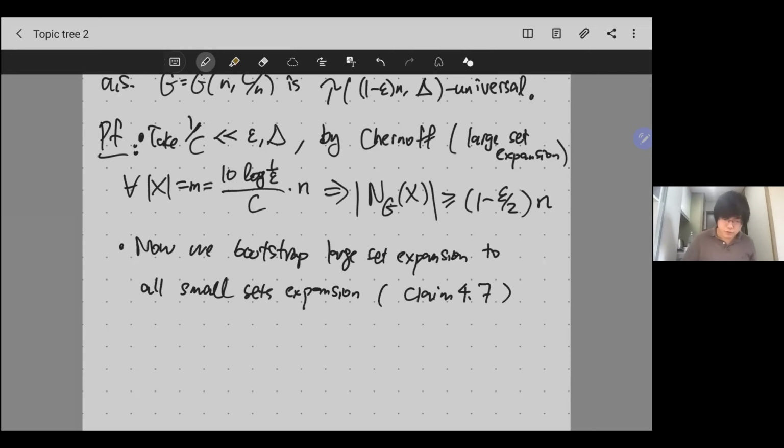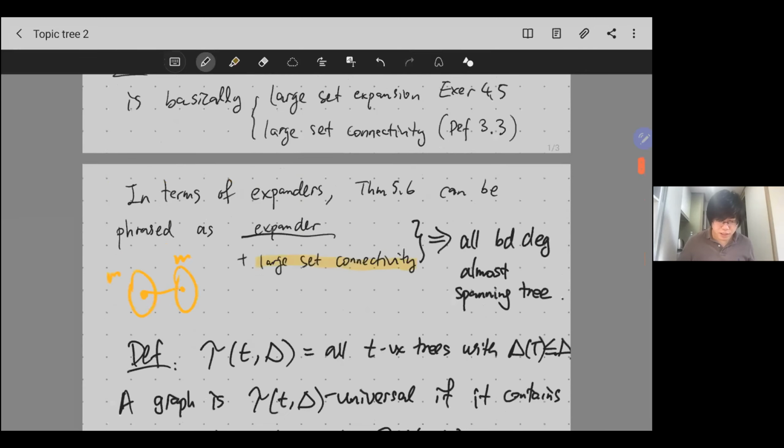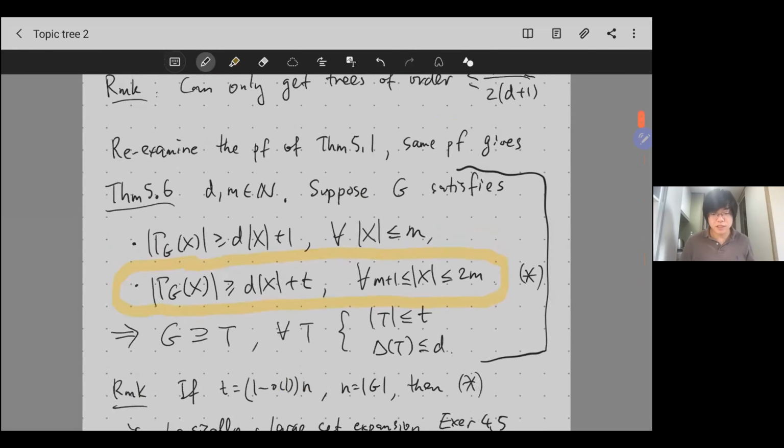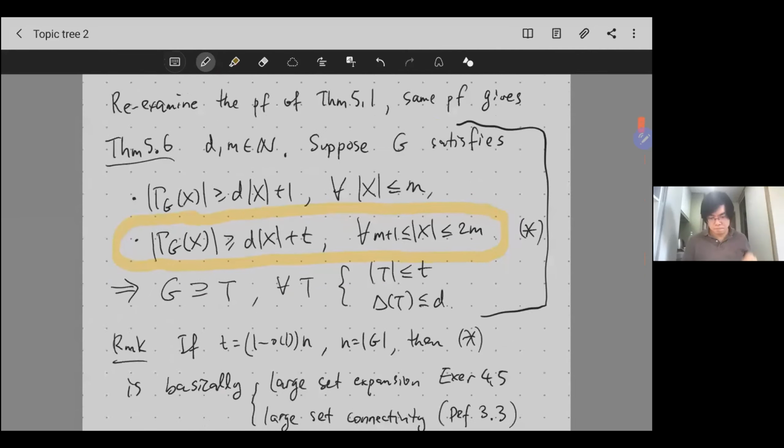Meaning that we want to find W such that G minus W has small set expansion, the first property in 5.6. The external neighborhood expands by a factor of d for all small sets up to size m.